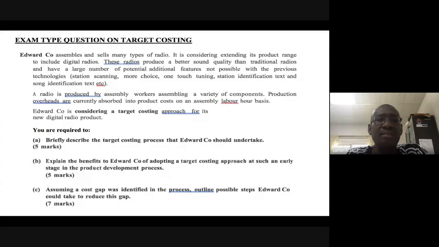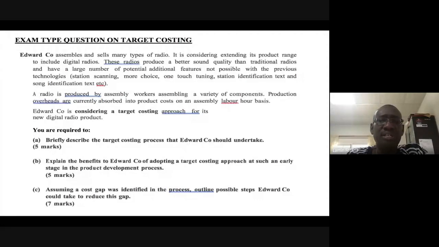Station scanning, more choice, one-touch tuning, station identification text, and song identification text, etc. A radio is produced by assembly workers assembling a variety of components. Production overheads are currently absorbed into product cost on an assembly labor hour basis.